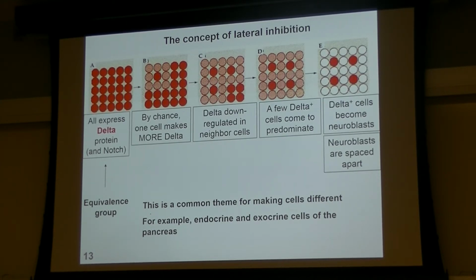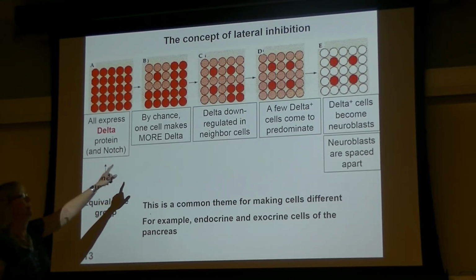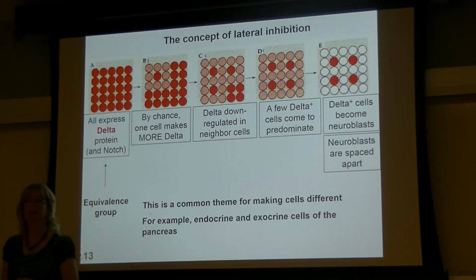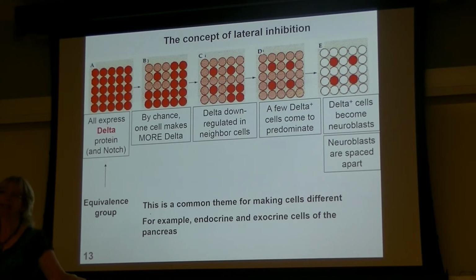It's not totally random, but the system is set up so that generally a few cells just happen to make more delta, and you can't exactly pinpoint by genetics which cells those will be, but in general a certain number of them do. Those are going to be the dark red cells. Those cells making the most delta are going to tend to downregulate delta in their neighbors. So over time, the neighbors of the dark red cells are going to be pink, and then eventually they'll be white because they start to make less and less delta.